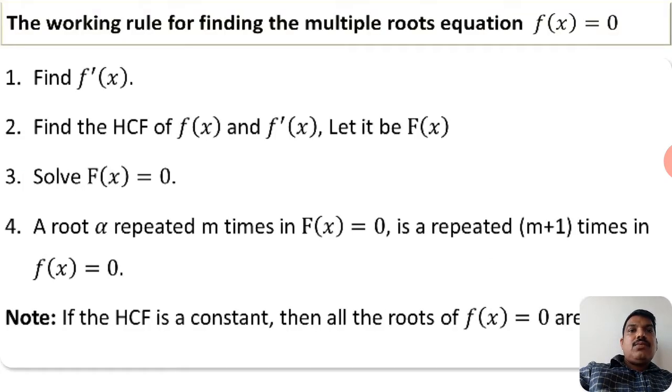The working rule for finding the multiple roots of the equation f of x equal to 0. Number 1, first we have to find f dash of x, which is nothing but the first derivative; we have to differentiate the given equation.